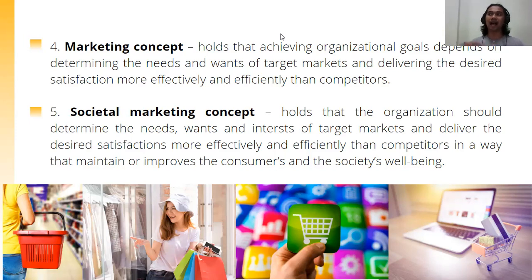So this has a greater depth now because we're not only considering ourselves as a business, our target market, or our competitors, but also the society as a whole, the human beings in general. What can I benefit from patronizing your product? What can the community get from purchasing that product or availing of your services?